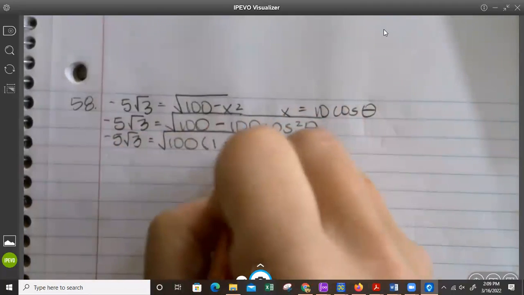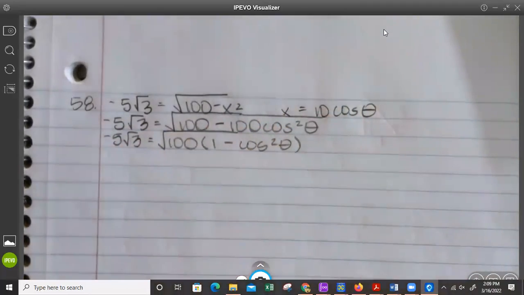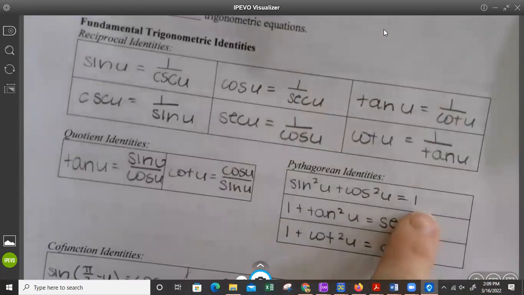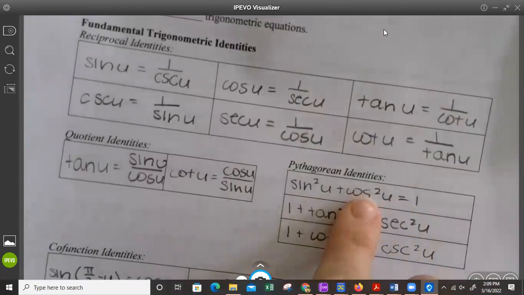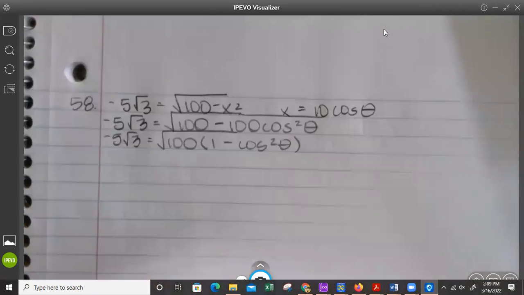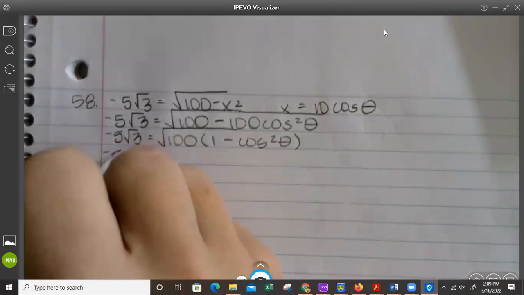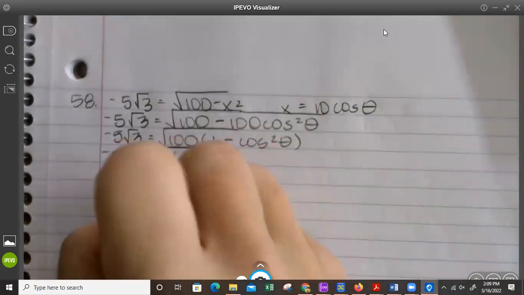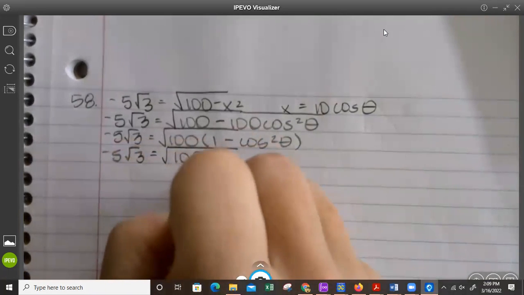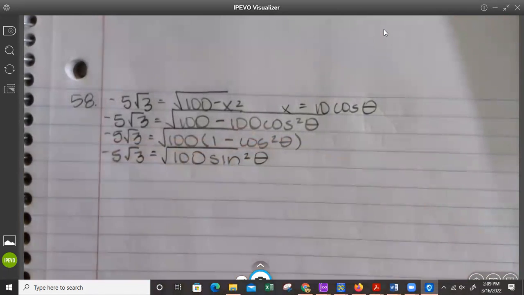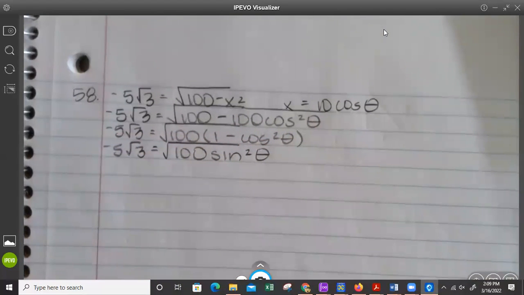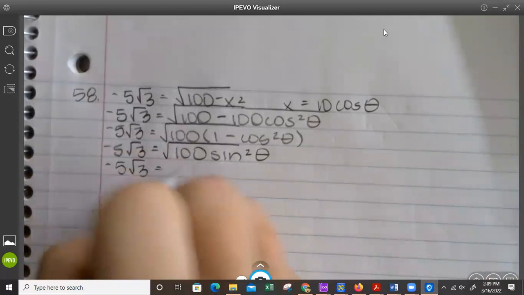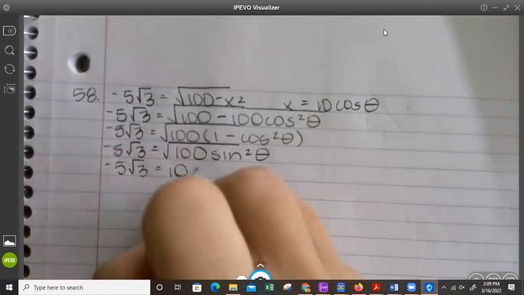Now it's 1 minus cosine squared theta. 1 minus cosine squared theta is going to give us sine squared theta. So we get -5 square root of 3 equals the square root of 100 sine squared theta. Still cleaning that other side. What's the square root of 100? Square root of sine squared theta.